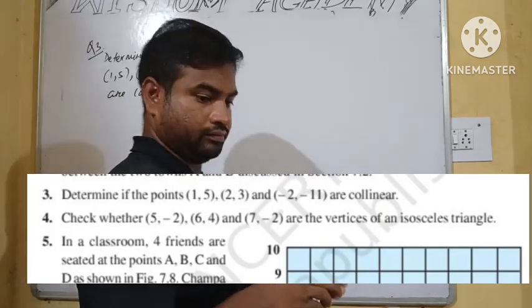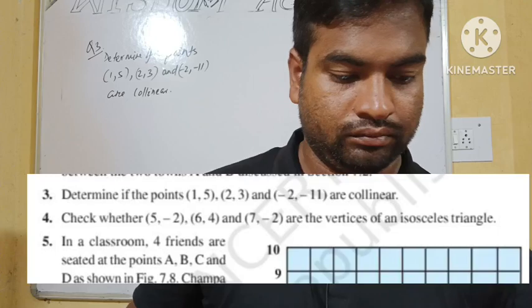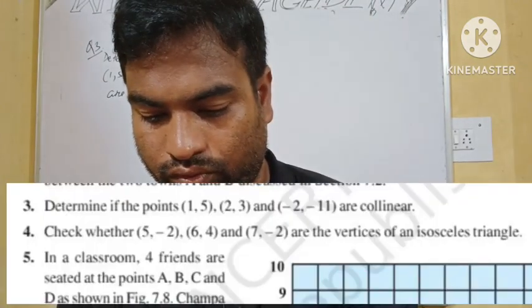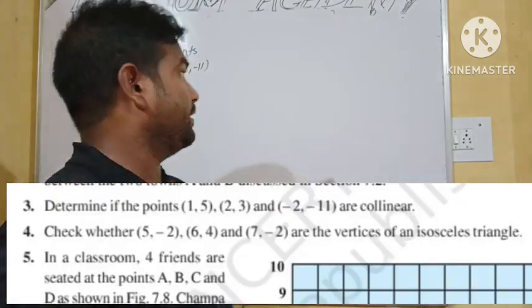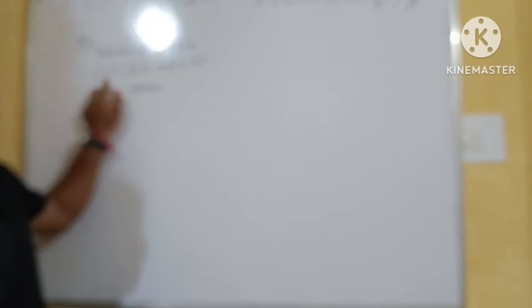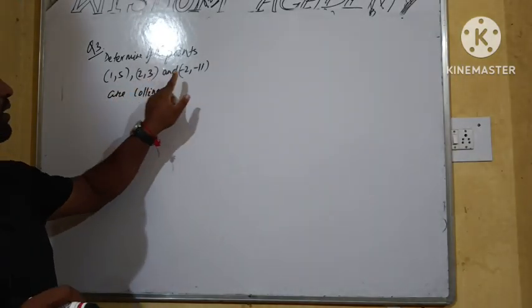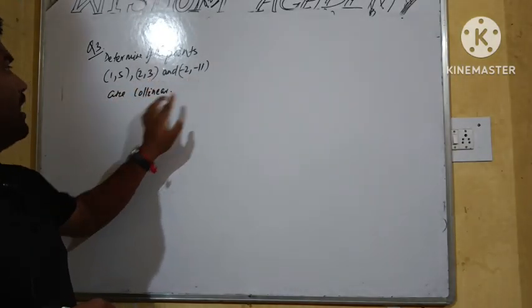Right. Question number 3. Determine if the points (1, 5), (2, 3) and (-2, -11) are collinear.